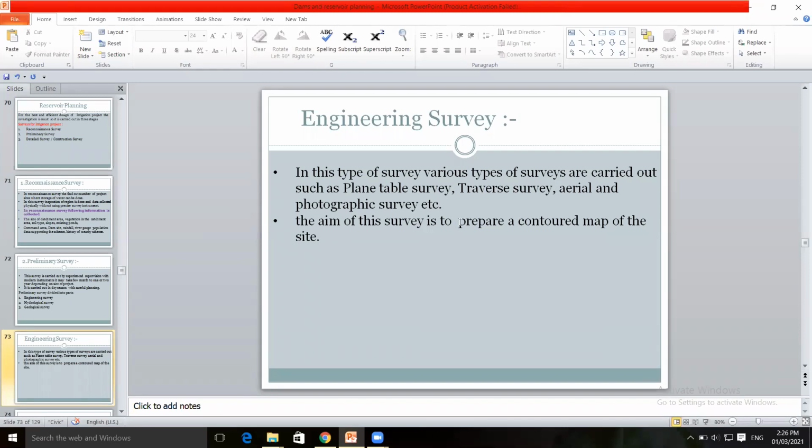Sometimes auto levels are used to take the levels of the ground. Dumpy level may be used. So modern instruments may be used, like total station. Some aerial and photographic surveys are carried out. Traverse survey is done. So from this, we prepare the contour map of the area of the reservoir.